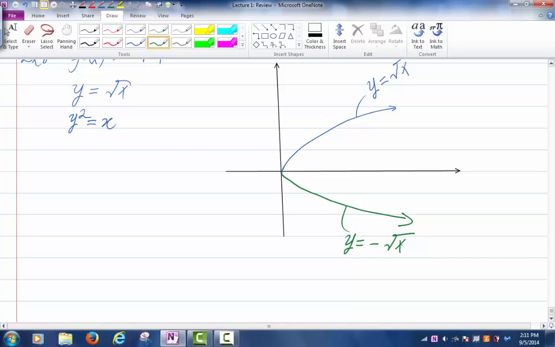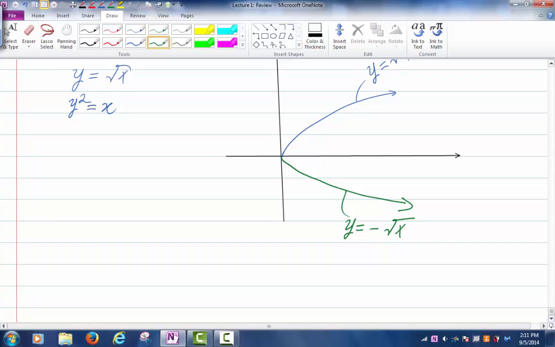So together it's the graph of the equation y squared equals x, but separately one of them is the graph of the function root x, the other one is the graph of the function negative root x. Is everybody okay with that? Okay.